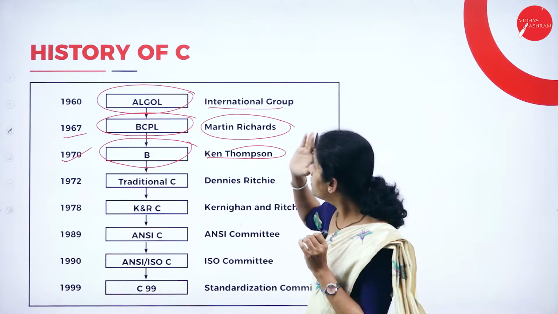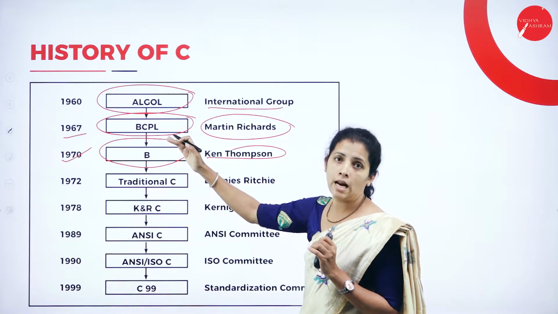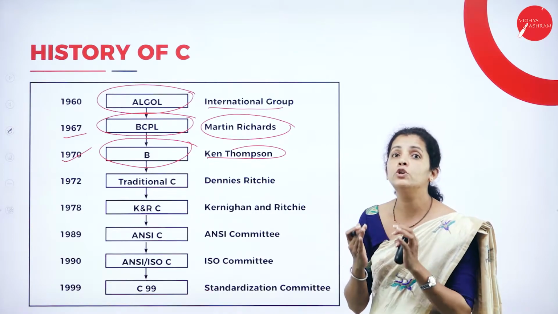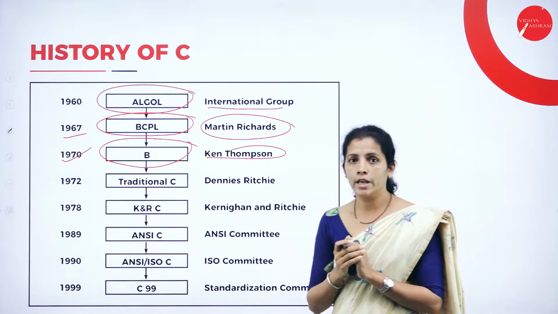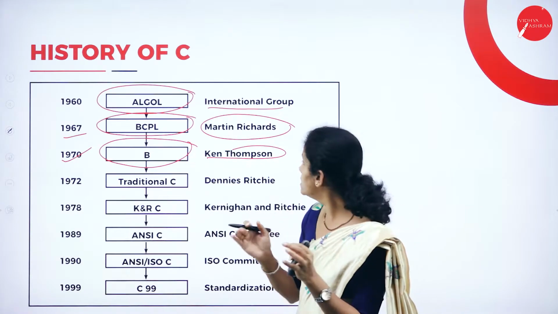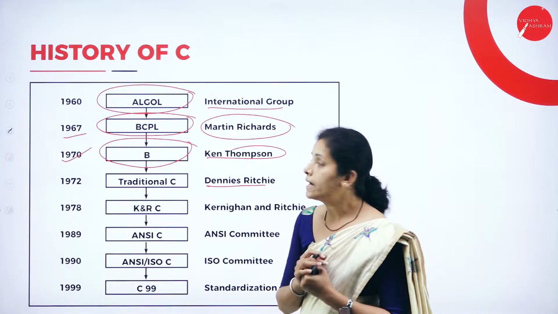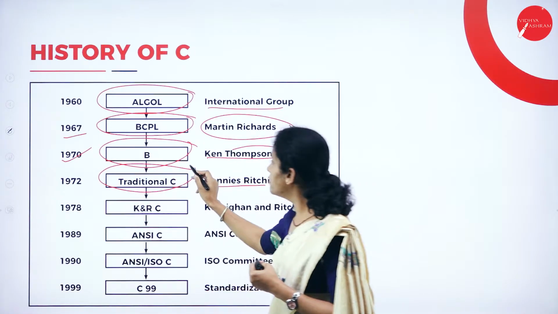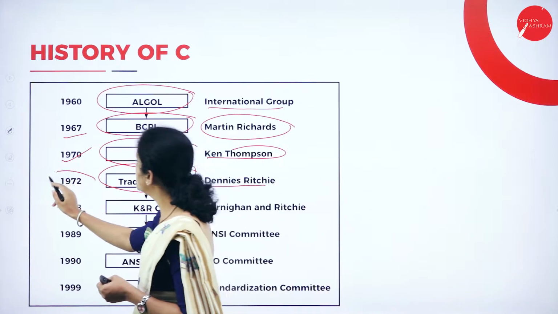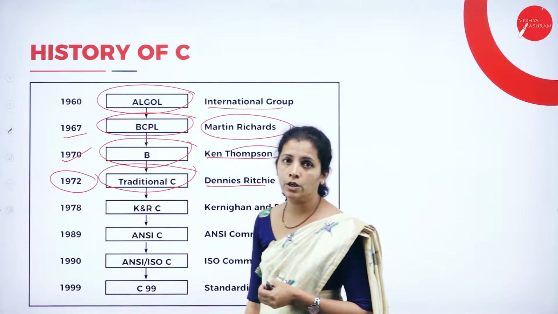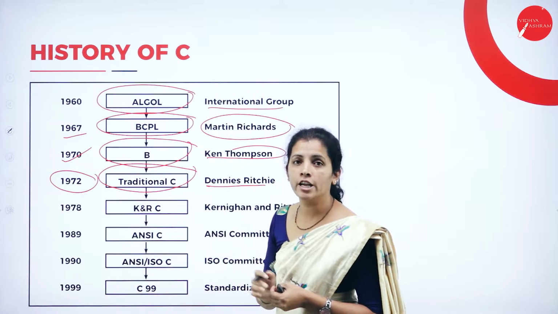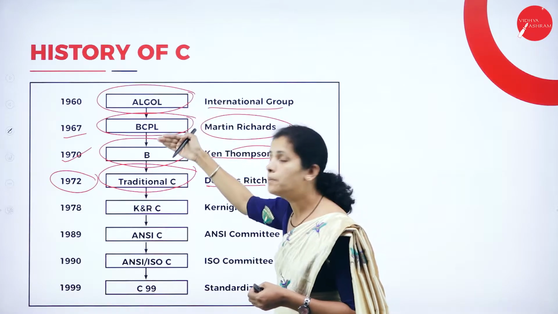So dear student, if I consider all three programming languages, there were some disadvantages. That means they did not meet the developers' or programmers' requirements. To overcome that, Dennis Ritchie started a new programming language called traditional C, and it was introduced in the year 1972, and it overcame all the disadvantages of these three languages.